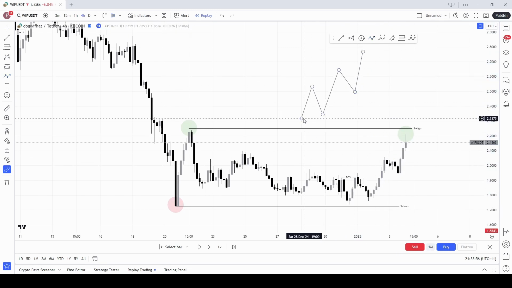Now, you can see here that this low has been respected. Buyers stepped in at a very cheap price because this retracement was actually pretty strong. However, buyers were defending this price level, making this one a strong low. Then we had another run to the upside, creating a so-called break of structure.